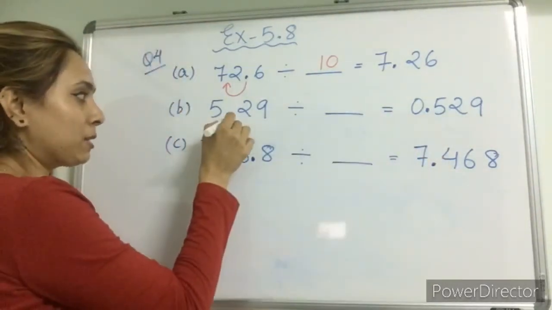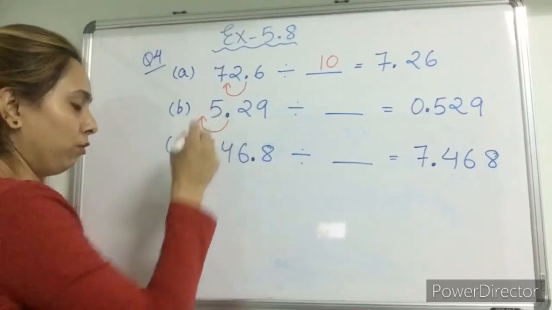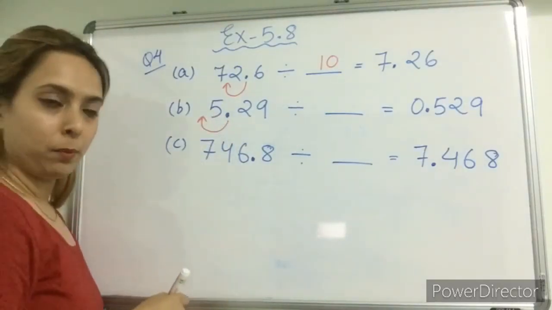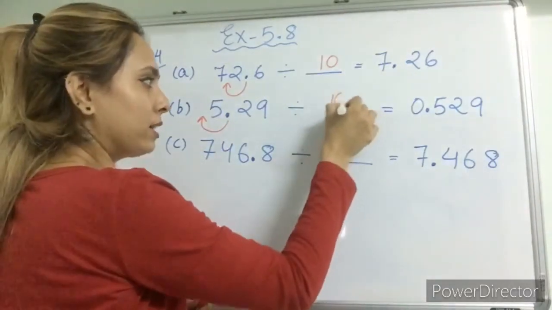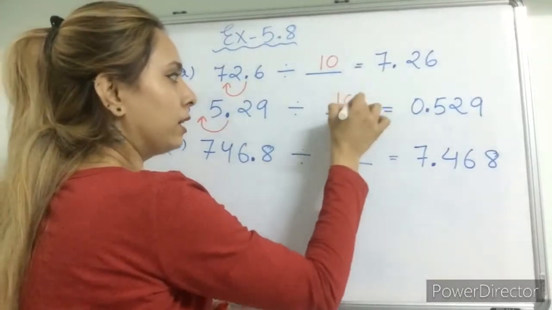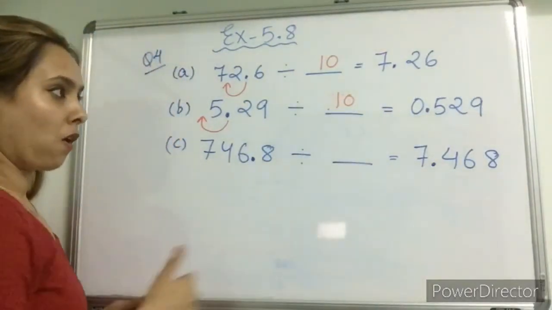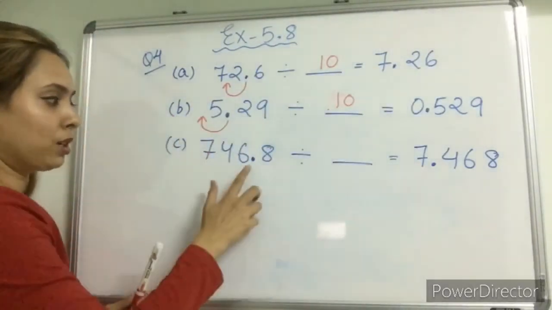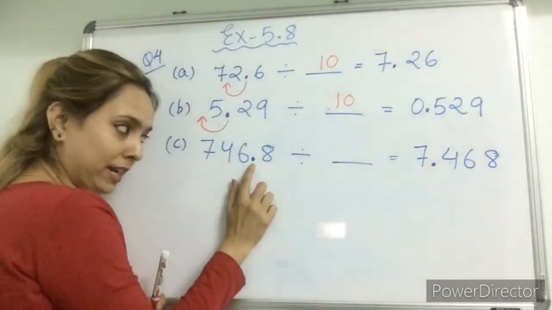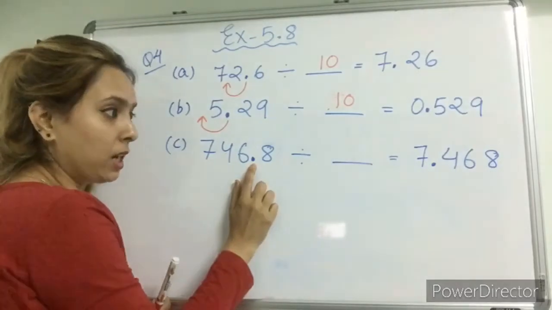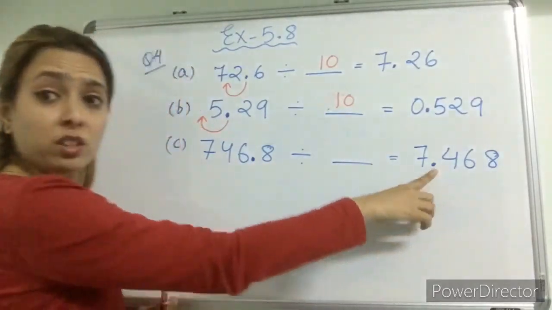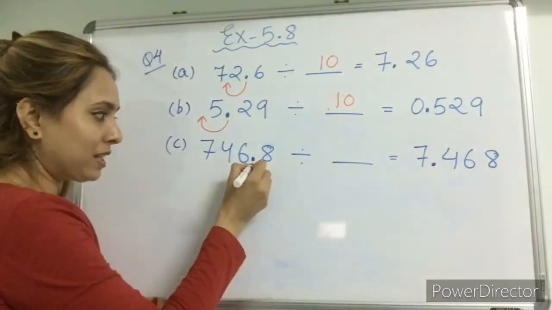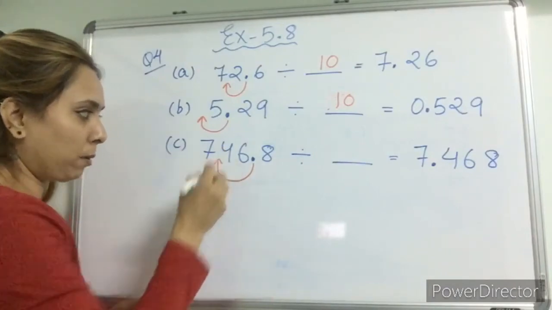Again, this decimal has shifted only one number, so again the divisor is 10. You all can see I am showing the arrows also. So here the decimal is after this 6, but here the decimal is before this 4, so it means it has shifted 2 numbers.